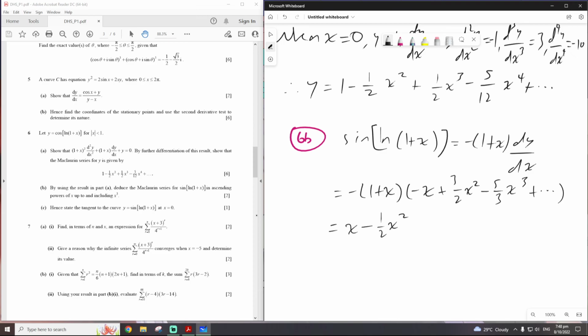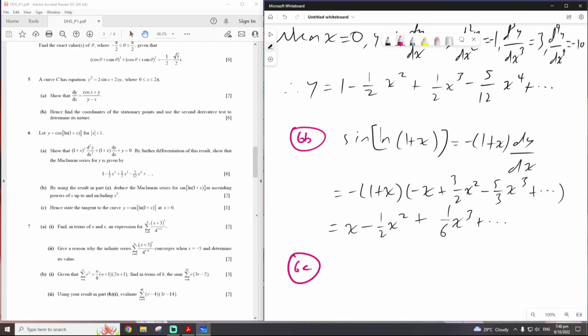Okay, and then the x cubed term is 3/2 minus 5/3, and that's negative, but there's a negative on the outside, so this is plus 1/6 x cubed. And then so on and so forth. Just the first 3 terms. Okay, cool.